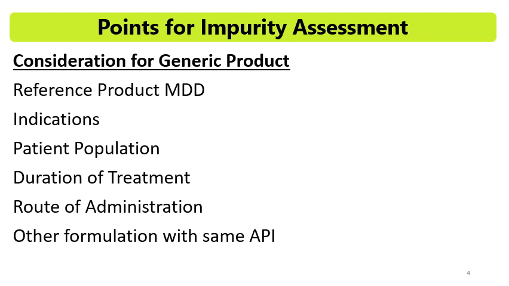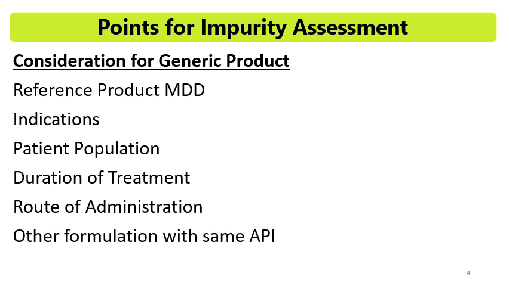The TTC based approach is there with a TTC limit of 1.5 microgram per day, and this TTC limit can be changed based on the duration of treatment. Also, there is a consideration for the less than lifetime approach, LTL approach, for genotoxic impurities. So, duration of treatment is very important.